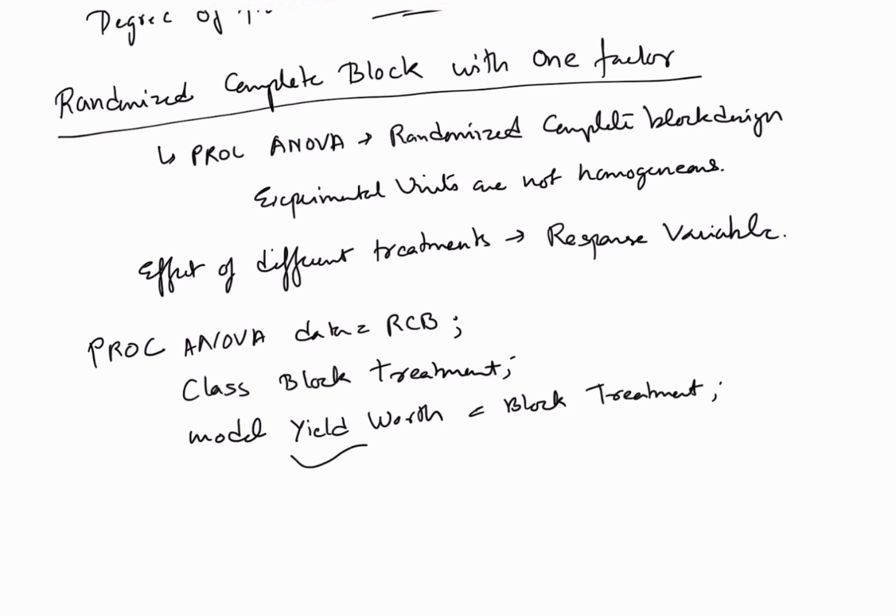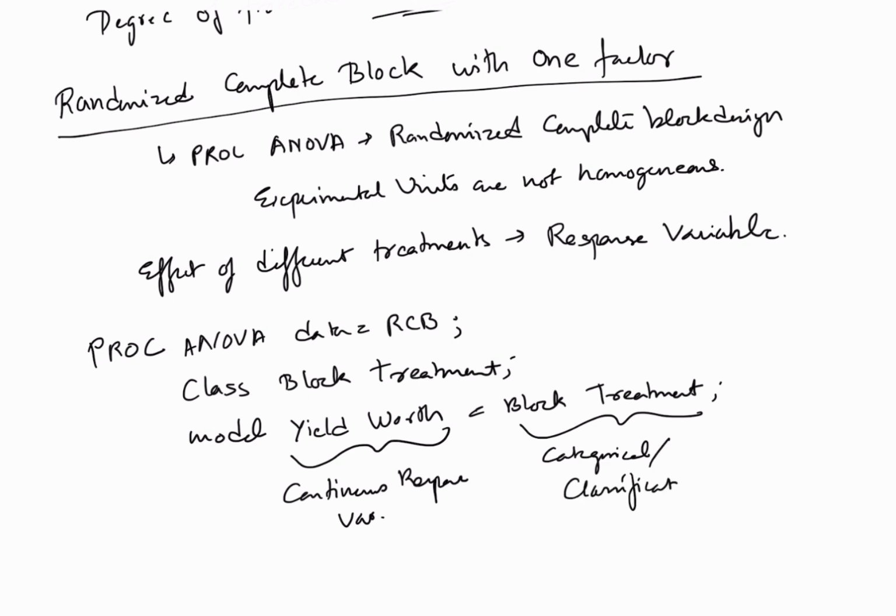Okay, so this could be written with a continuous response variable, and these would be categorical classification variables.